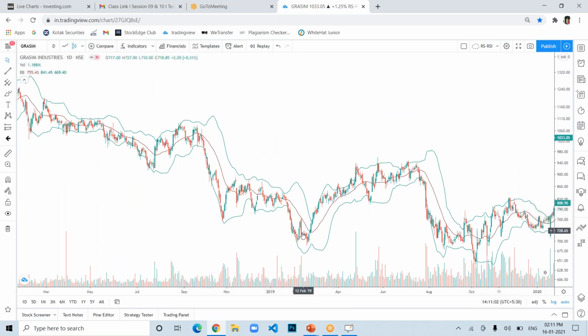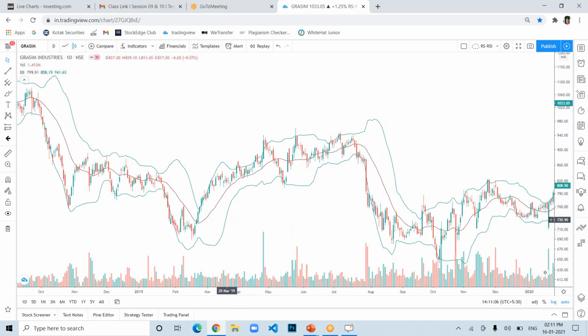Yes, see, a very nice W on Grasim here. Just opened. See, this is a W. So the first bottom is very, very near to the Bollinger Band. For the second bottom, there is a difference between the Bollinger Band and the price. So yes, this is a volatility divergence.